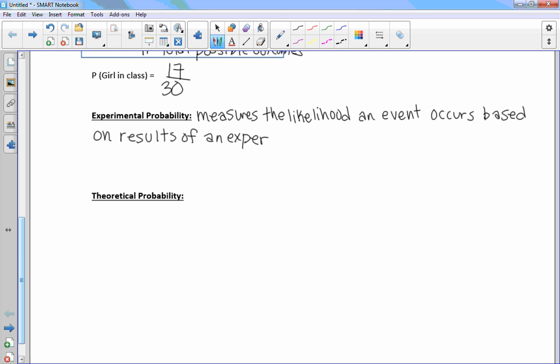The likelihood an event occurs based on the results of an experiment.